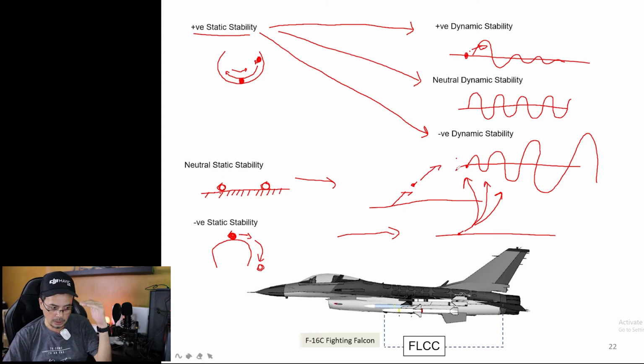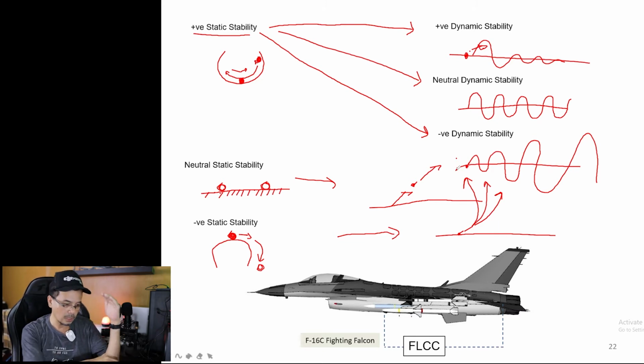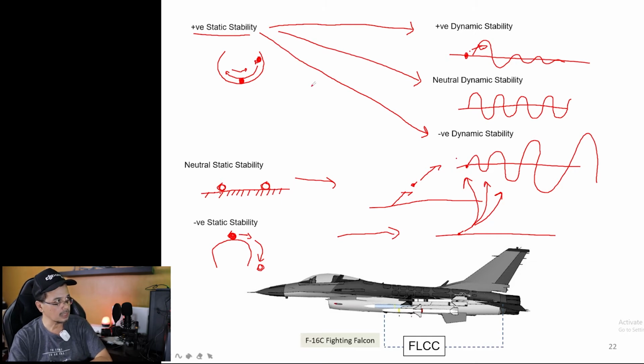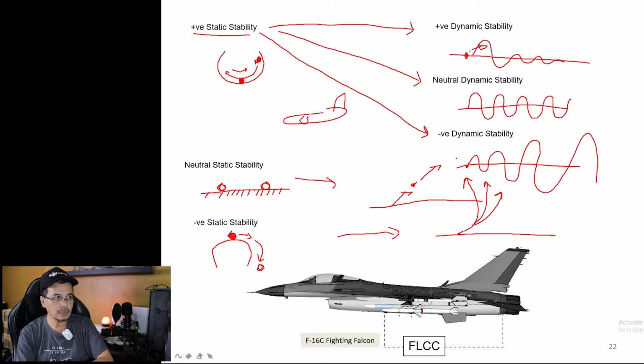For the commercial plane, what is normally done to design positive static stability is that the center of gravity of the commercial plane, if I can draw the commercial plane, is always in front of what we call the AC, the aerodynamic center.